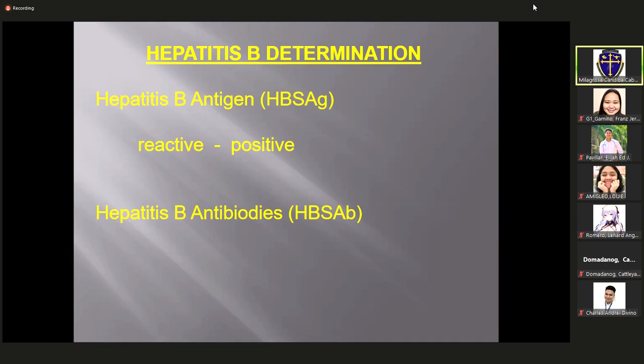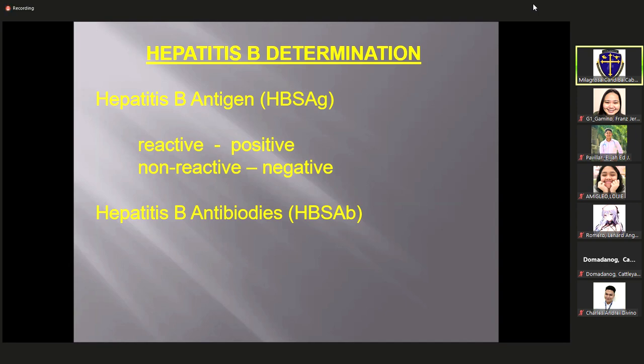Alright? If non-reactive naman, safe po tayo. But still, in order for us to protect ourselves, gamitin pa rin natin ang working gloves in attending to the needs of these clients.